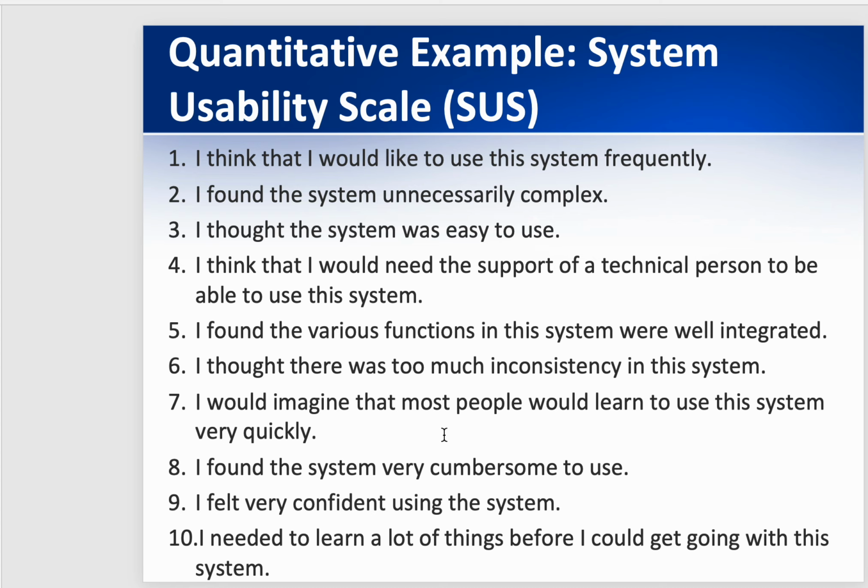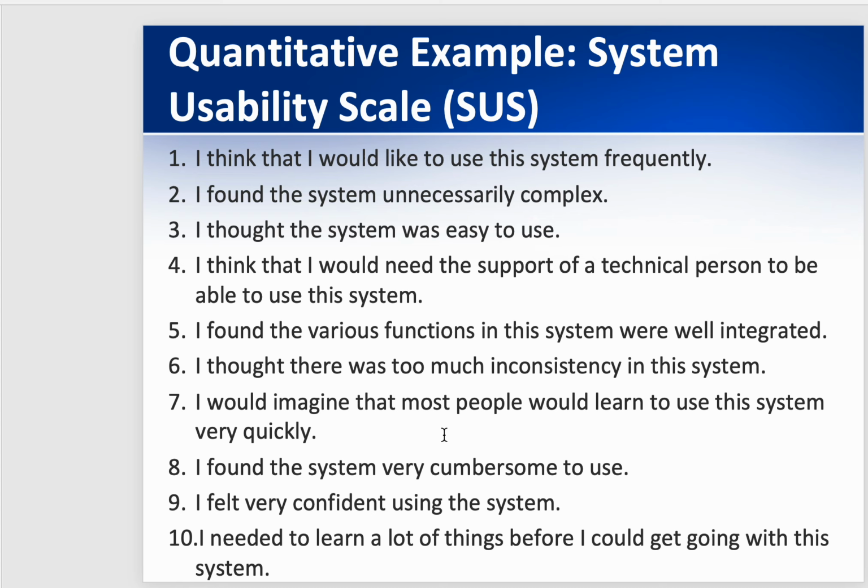There are also quantitative scales. One example is the System Usability Scale, SUS, which is 10 questions that you rank from strongly disagree to agree. For example, I would use this frequently. I found the system unnecessarily complex. There are different ways to rate SUS, and it has its own scoring.